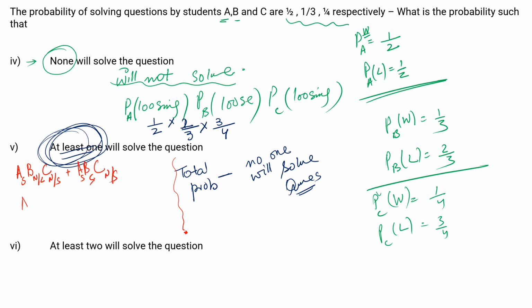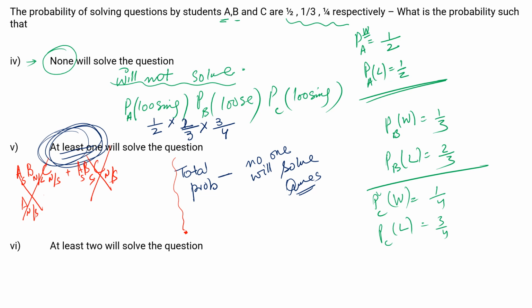Or maybe A does not solve the question, B solves the question, C does not solve the question, and so on. So there are a lot of cases, and if we go into making so many cases, then of course this may not lead to a correct answer, or in the middle there are a lot of possibilities of making a mistake.